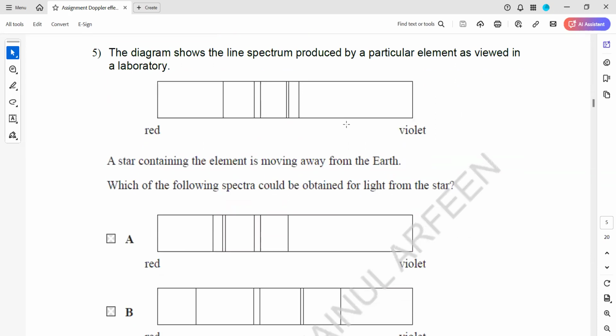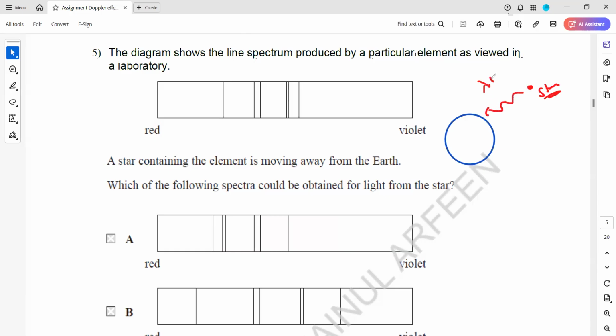A star containing an element is moving away from the Earth. So this is a star we are observing, and this star is moving away from us. If this star is moving away from us, what will happen to the wavelength which we receive?